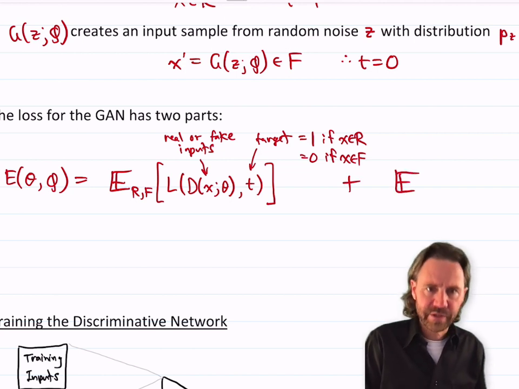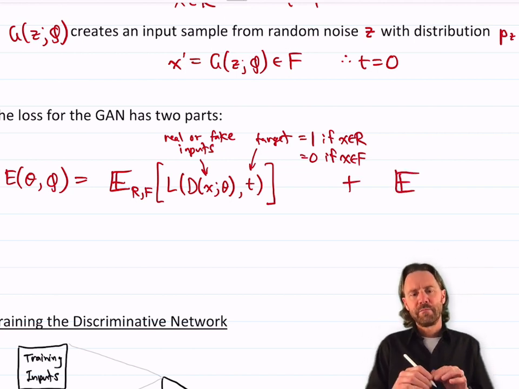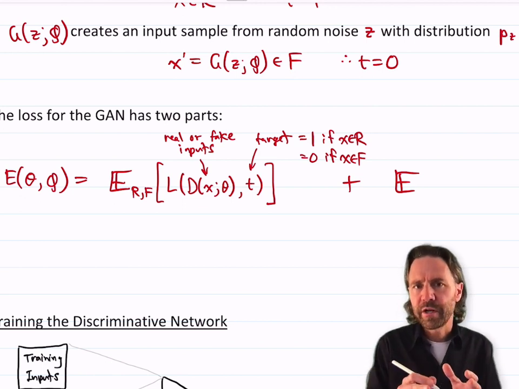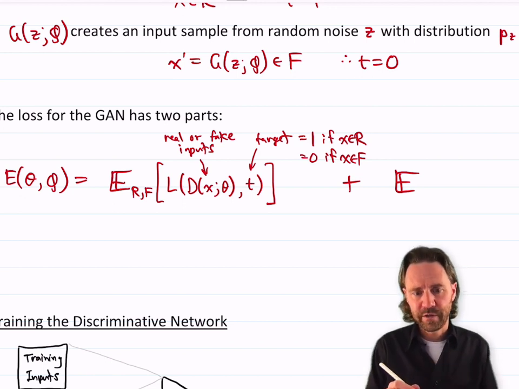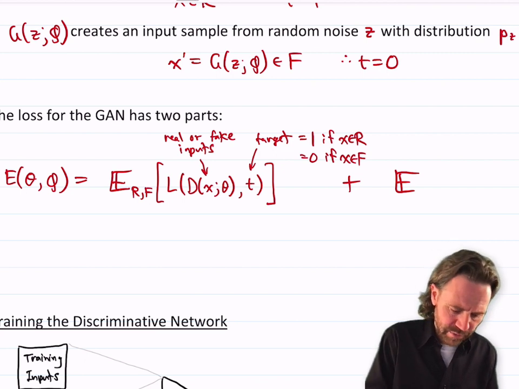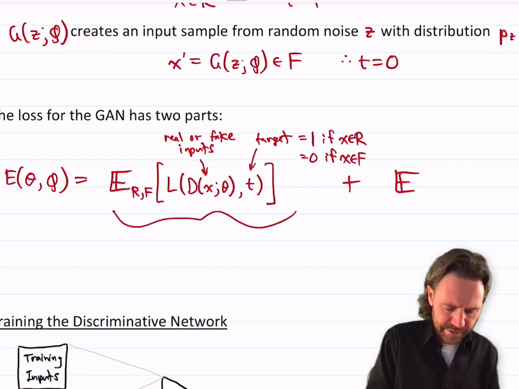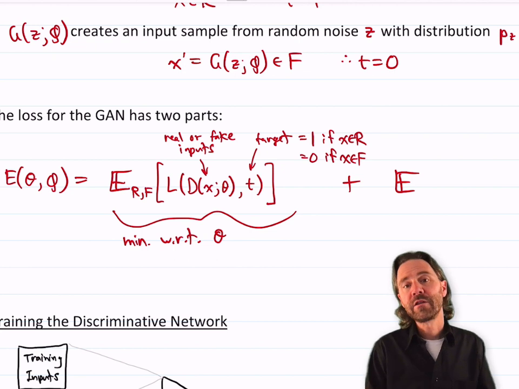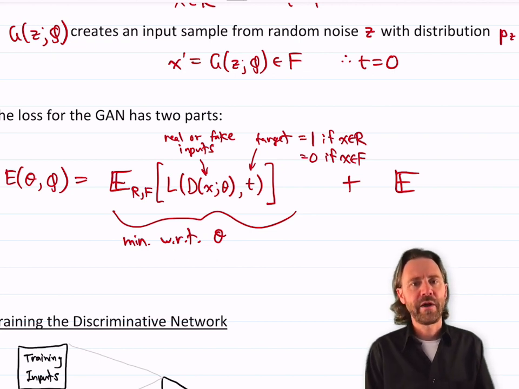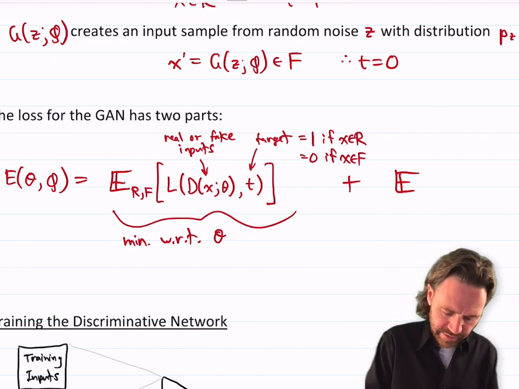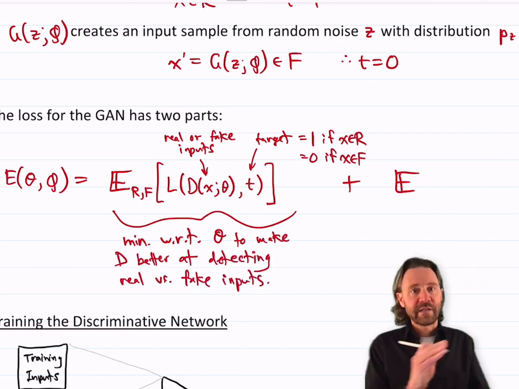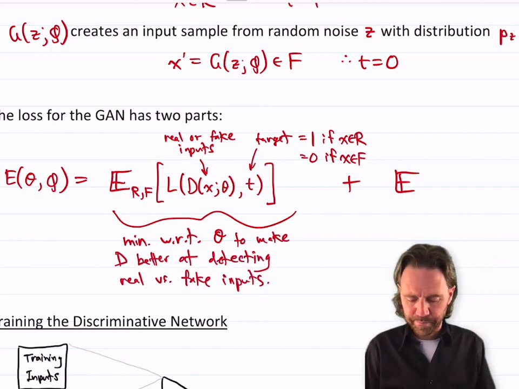So that part is for training the discriminative network. In this case, on this side, we're minimizing with respect to theta to make the discriminative network better at detecting real versus fake. That's for training the discriminative network.